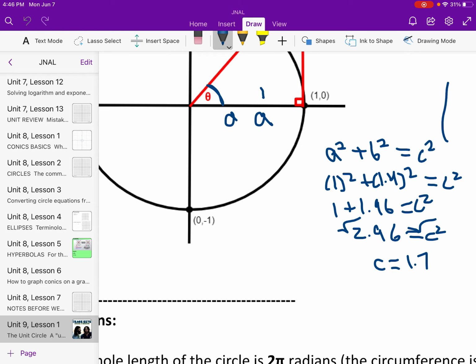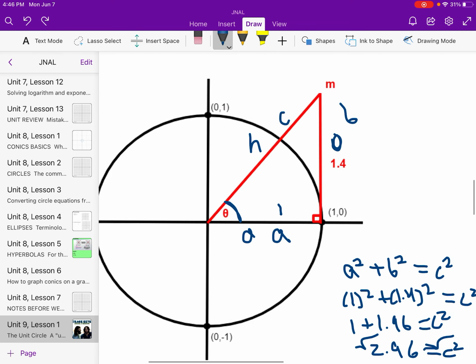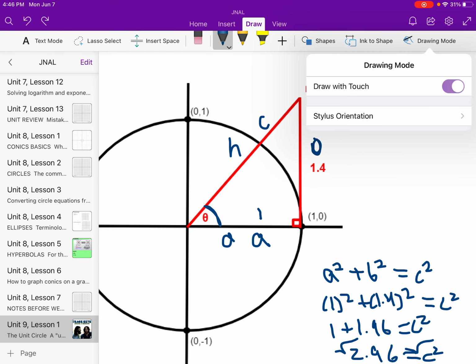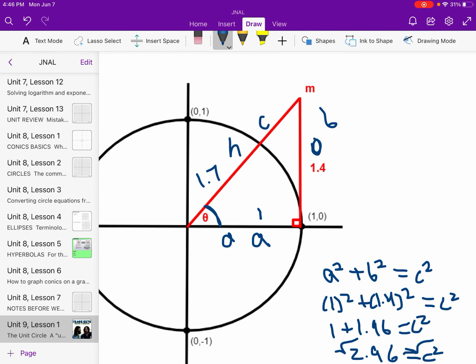So now we can actually use SOHCAHTOA, and then we can finally find the coordinates of M. So 1.7 is our value. Now that we're done with the Pythagorean theorem, let's just erase that so it doesn't get confusing.